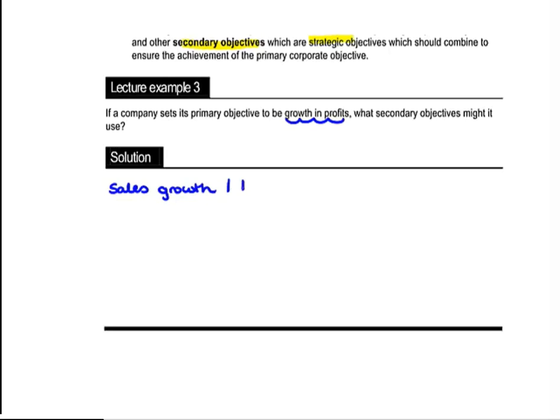So perhaps trying to increase the market share of the organisation. So we'd be looking then at appealing to a greater sector of the population. And the way that companies could do that could be to do with continual technological innovation.